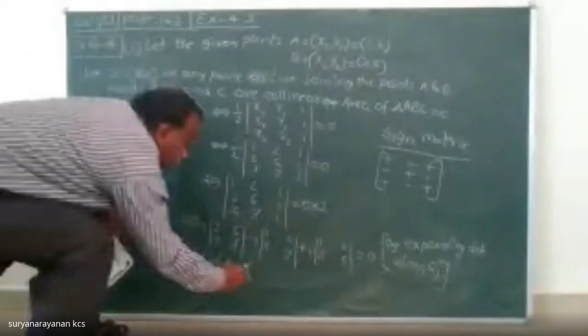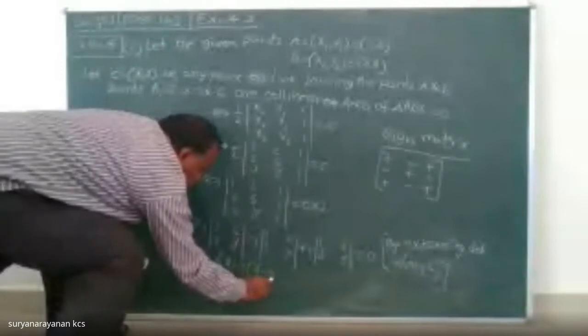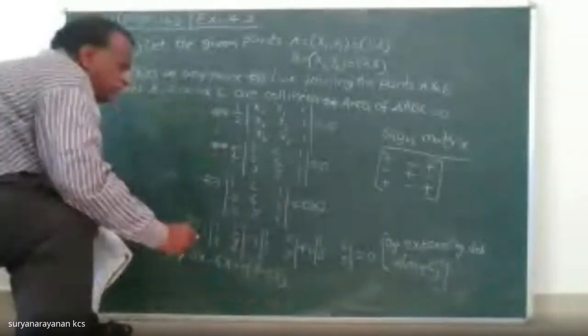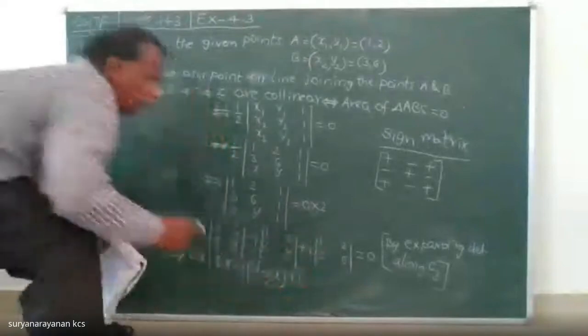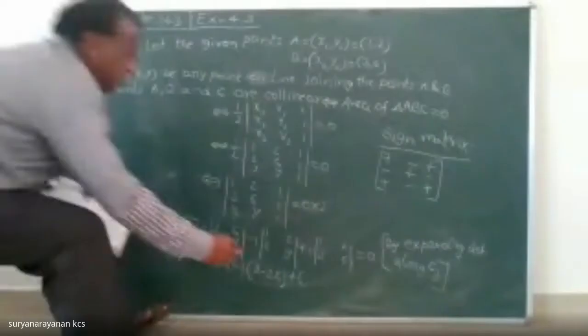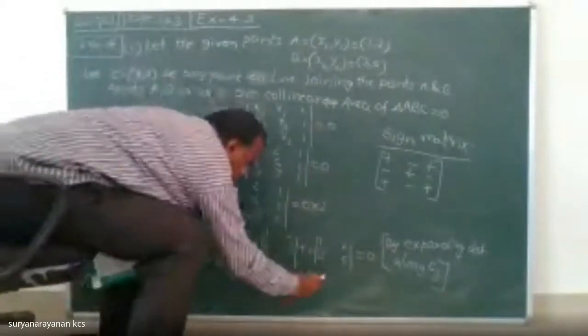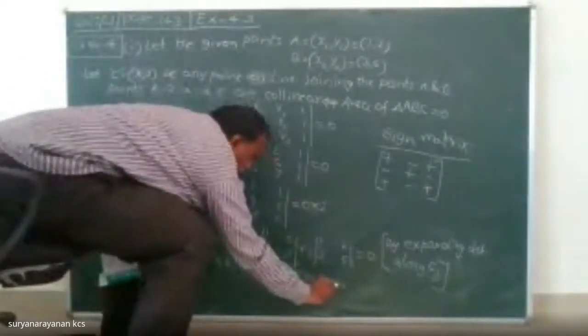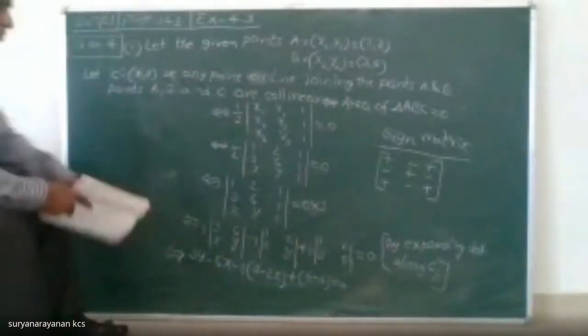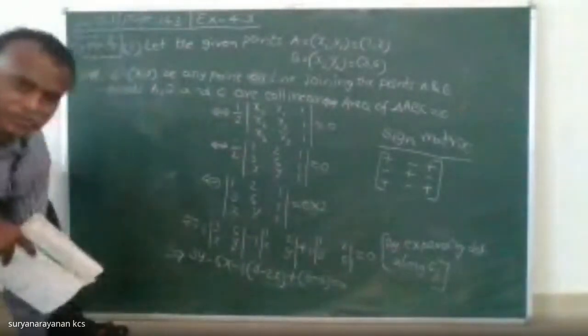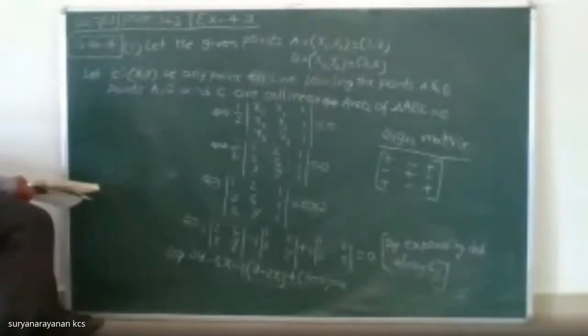Y minus 2x, sir. Plus, what will you get here? 6 minus 6, sir, is equal to 0. Understood that step, my children? Yes, sir.